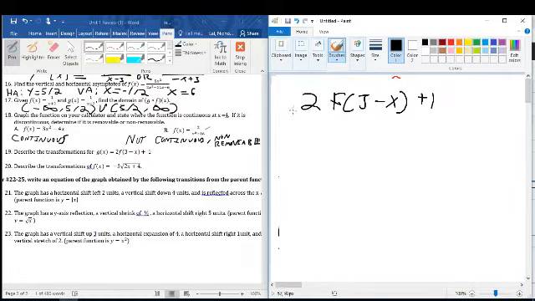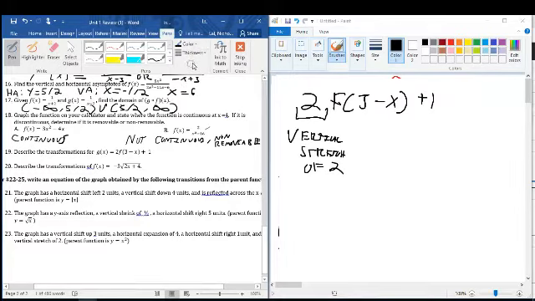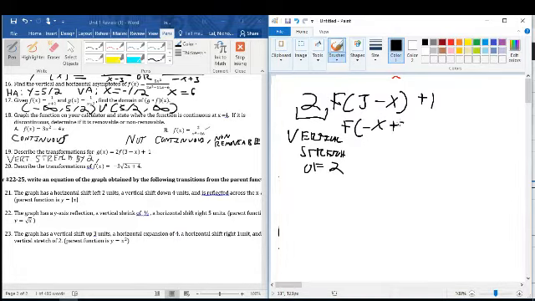So that 2, vertical stretch of 2, all right, so right away we can say vertical stretch by 2, comma, and then 3 minus x, we can also rewrite that as f of negative x plus 3.